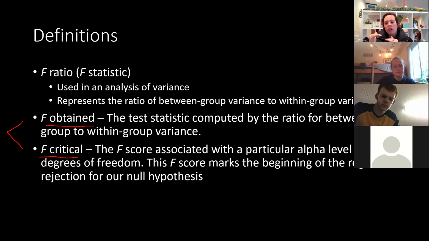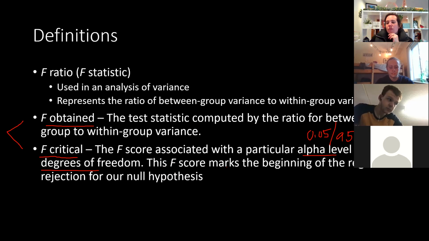The F critical is the F score that is associated with a particular alpha level. What do we always use for alpha? 0.05, or if you like to think about it in terms of confidence, 95% confidence, along with the degrees of freedom within your sample.